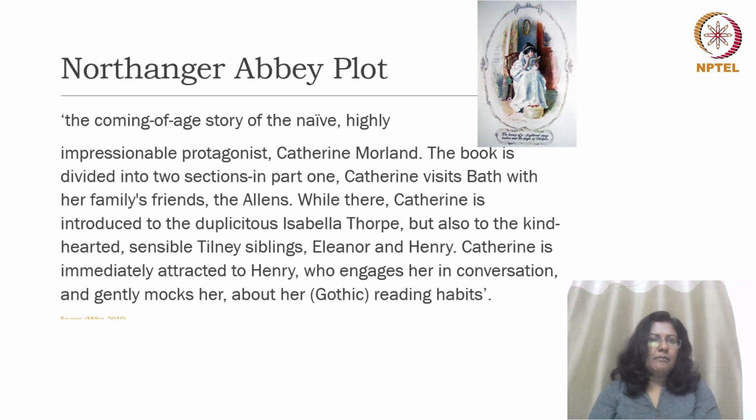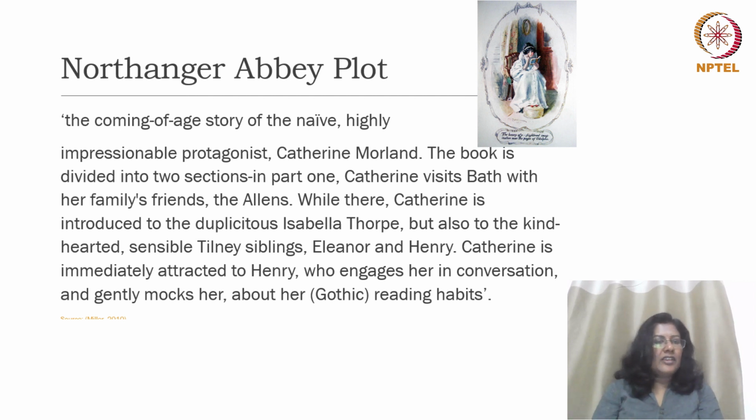As we realize, this is the coming of age story of this naive, highly impressionable protagonist, Catherine Morland. She's very young, she's very innocent, and she's traveling in this story. The book is divided into two sections. In part one, we have Catherine visiting Bath with her family friends, the Allens.